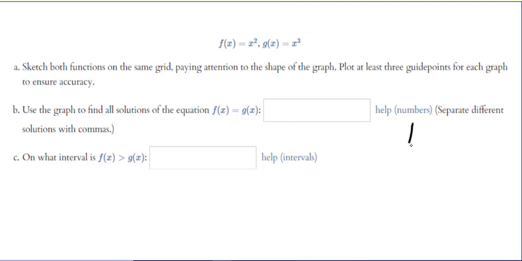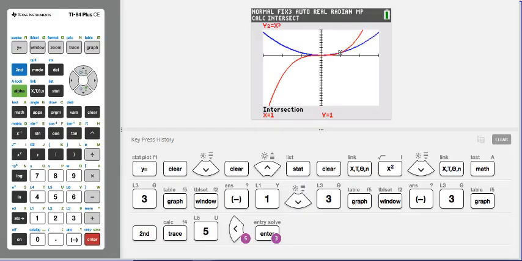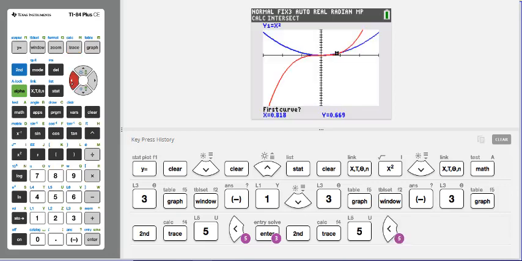So I bet you since that's at 1, let's go back over here and go second trace 5. Let's move this over here. There we go. Enter, enter, enter. And it's at just +1. Why wouldn't it be at -1, 2? Nope, just there.